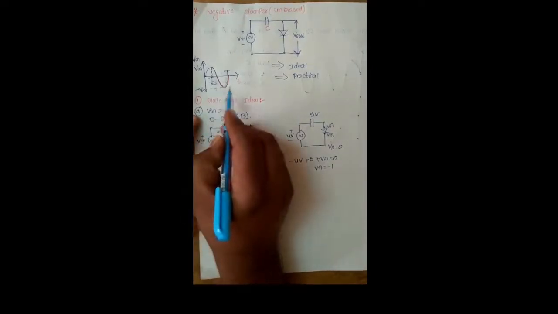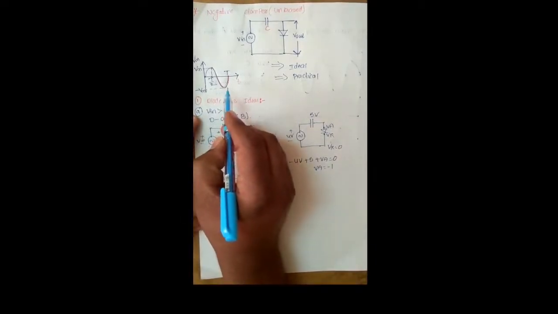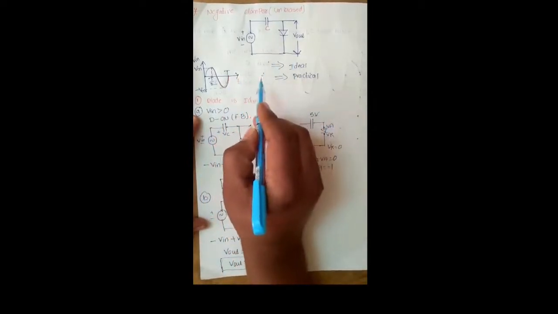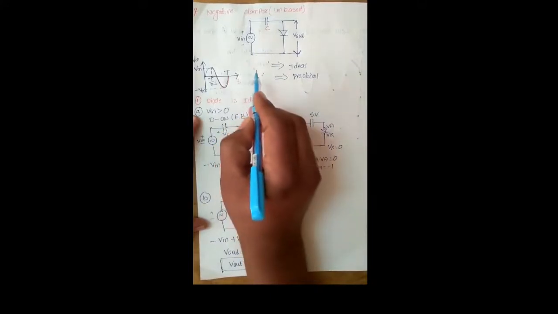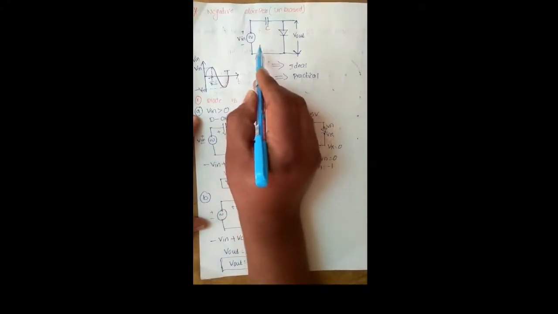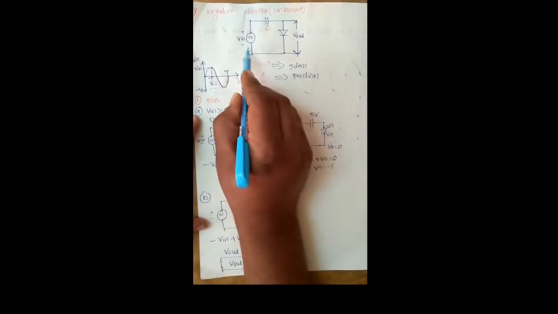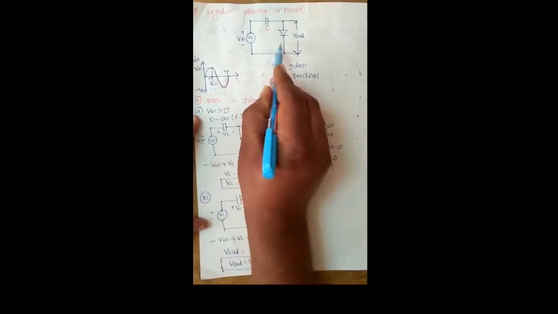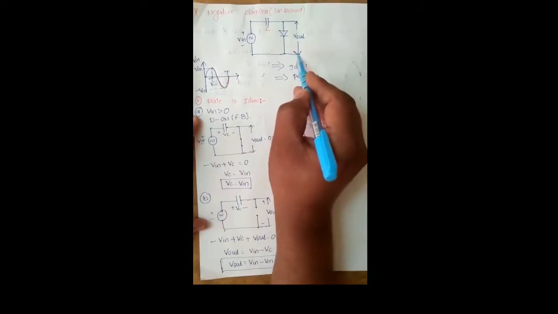The negative clamper unbiased circuit is shown in the figure. In this circuit, the capacitor is connected in series to the voltage source, and the diode is connected in parallel to the voltage source, and here we are connecting the output terminal.